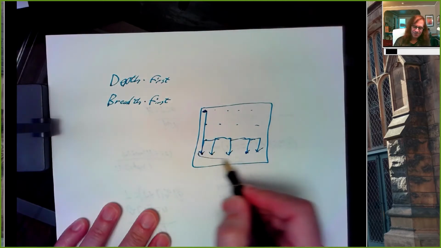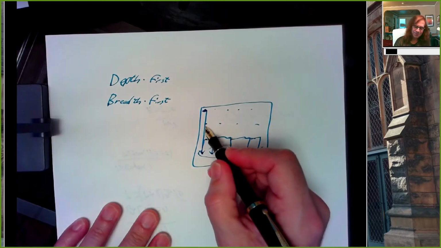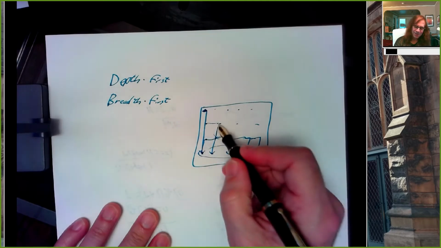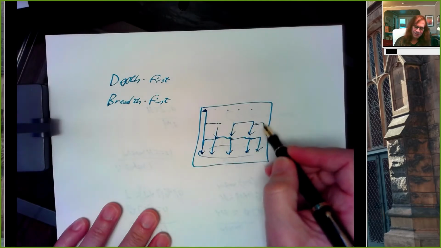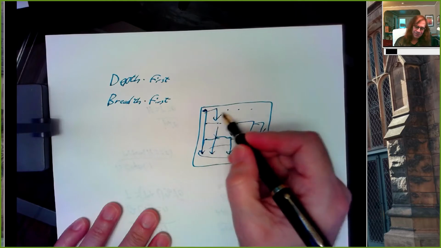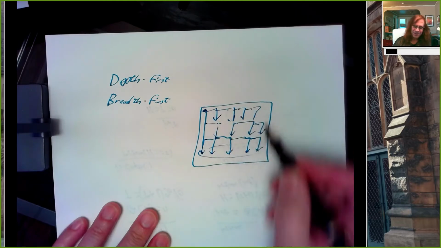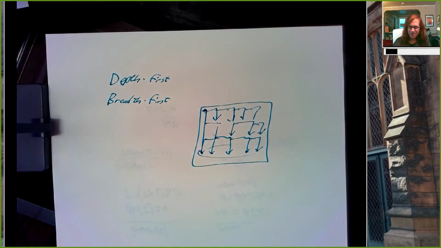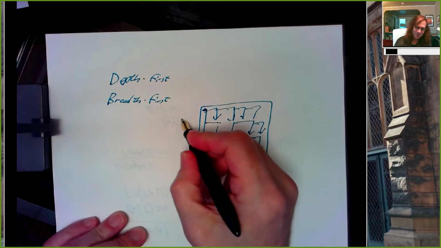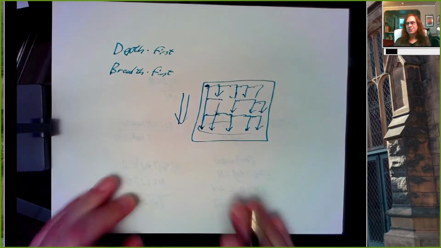And then when you've explored all of these spots, you come back up one level, and now you come down and you explore all of these. And then you come back and you explore all of these. And so the primary direction of travel is deeper. This is very abstract.